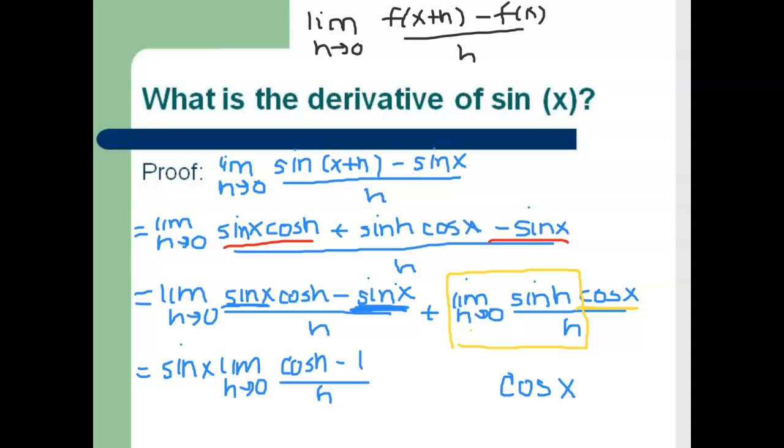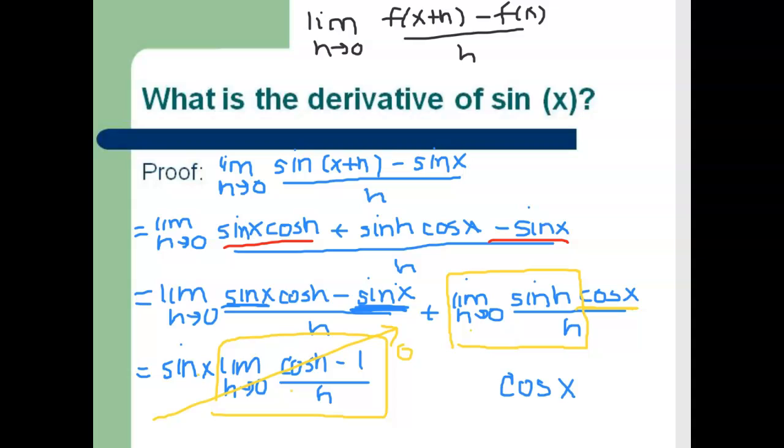Oh man, what identity is this? Limit as h approaches 0 of cosine h minus 1 over h is equal to 0. 0 times sine x is equal to 0, so goodbye.